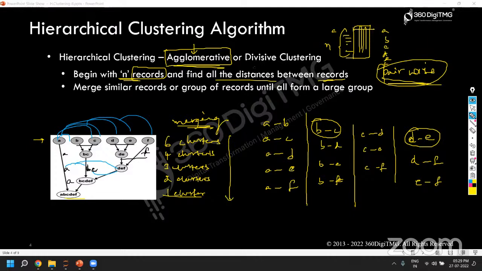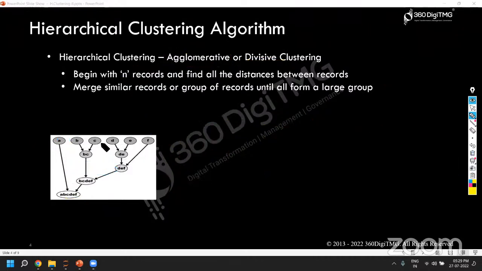The exact opposite approach is called the divisive approach. Here we are trying to divide. Right? Agglomerative is merging based, divisive is dividing based, or splitting based, or separation based. Now, once I have this hierarchy created, the flow is created, then we will be able to understand how to cluster the data.